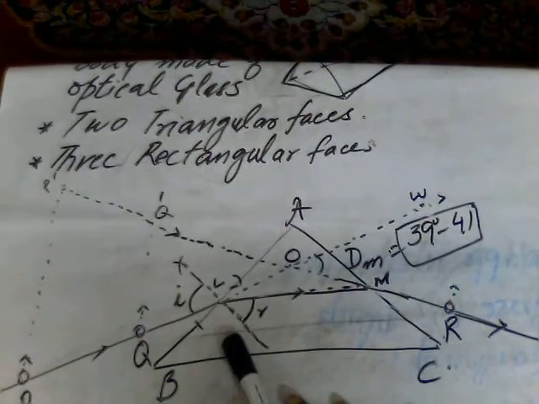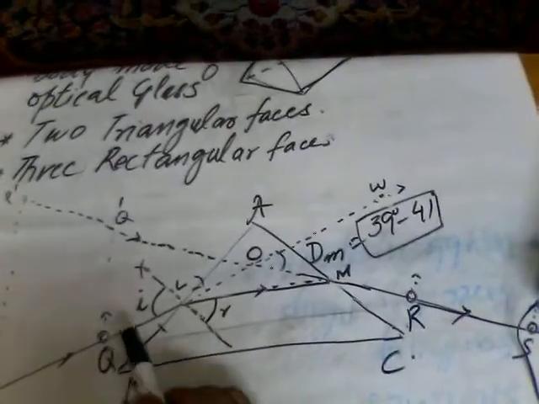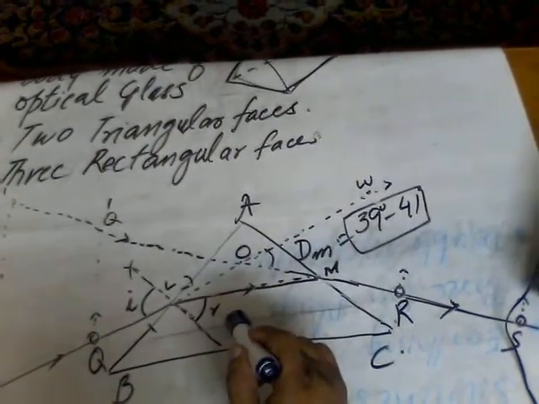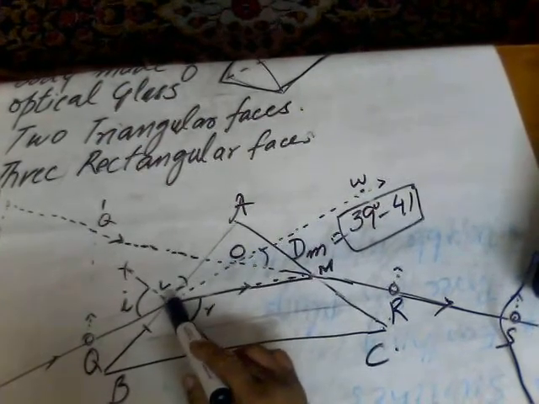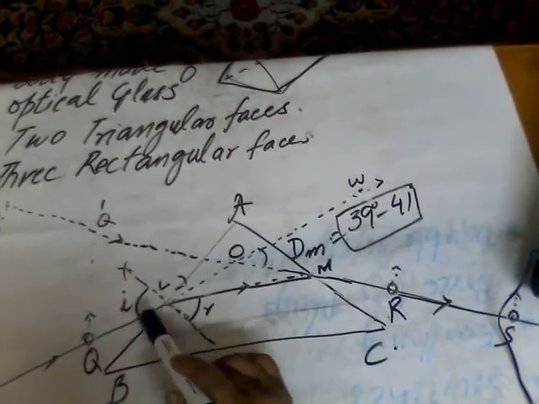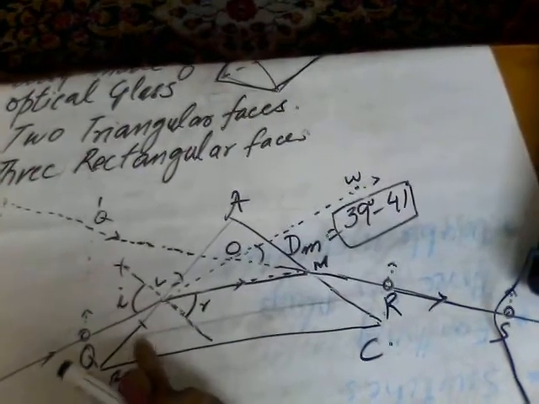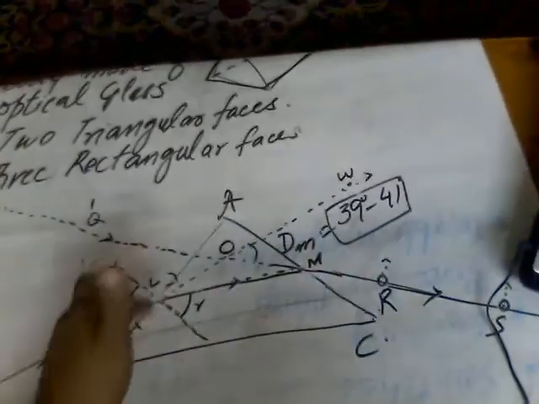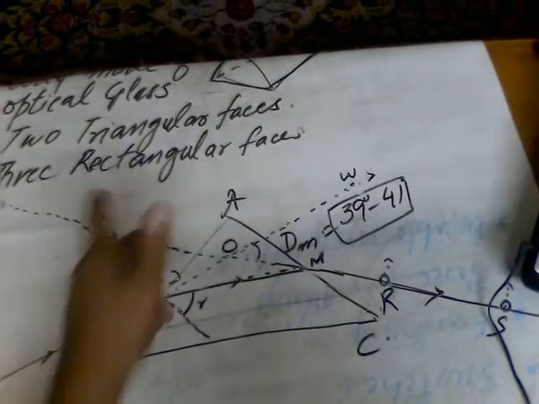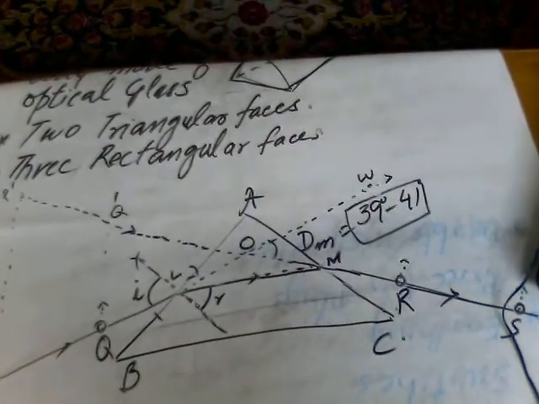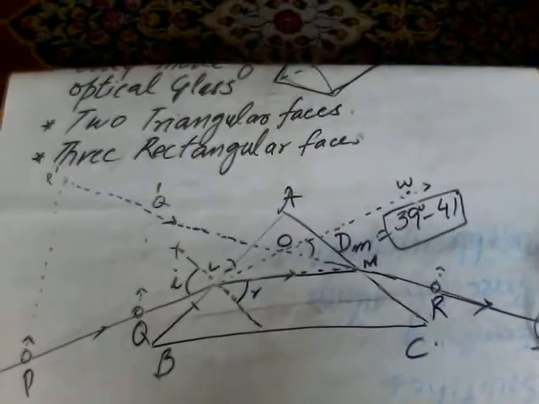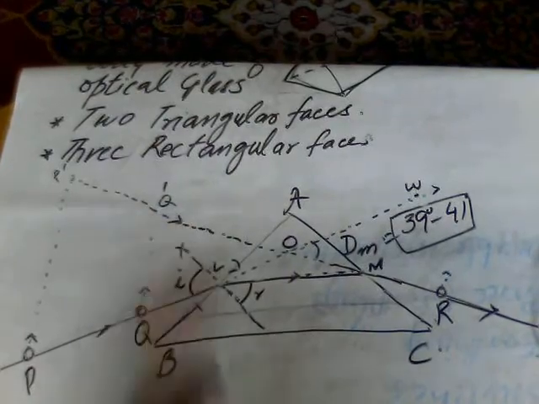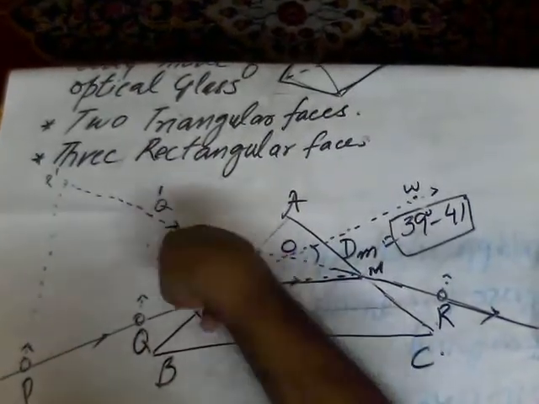Third thing, we also have to find the angle of incidence and angle of refraction. Here, with the geometrical compass, we draw two arcs, one like this and the other like this. After that, two more arcs centered from here, one arc is this and the other from here.